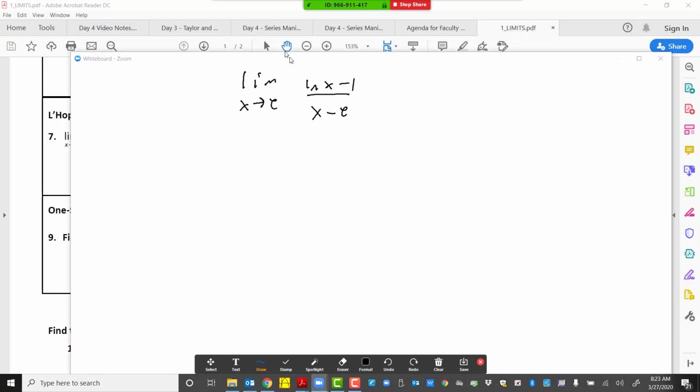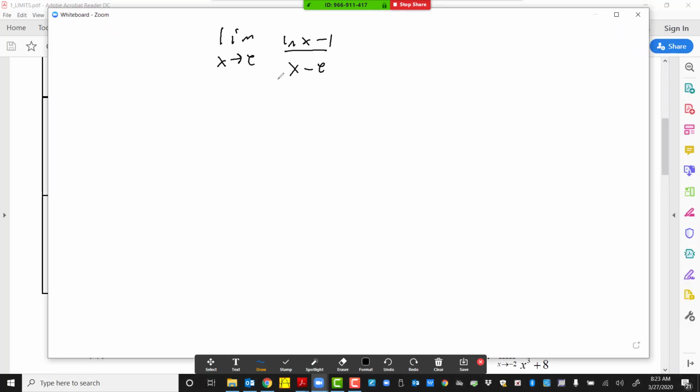Okay, so if we just plug in e, we see that the limit as x approaches e of natural log of x minus 1 equals 0, and the limit as x approaches e of x minus e equals 0. So we have indeterminate.